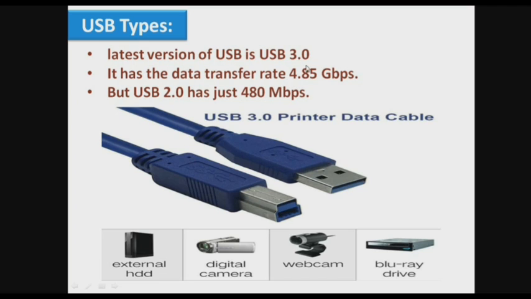The previous version of USB 3.0 is USB 2.0, but the data transfer rate of USB 2.0 is just 480 megabits per second. So one type of USB cable differs from another type by its data transfer rate.